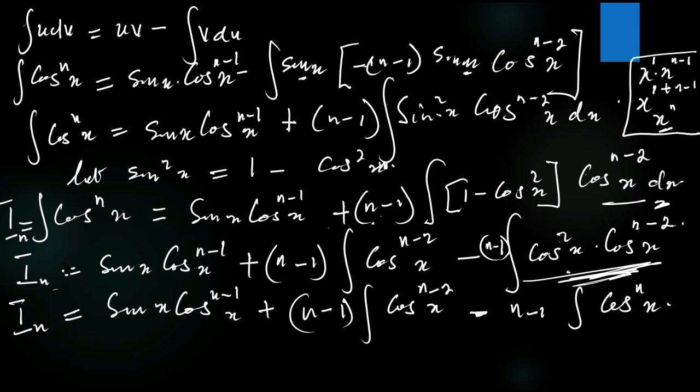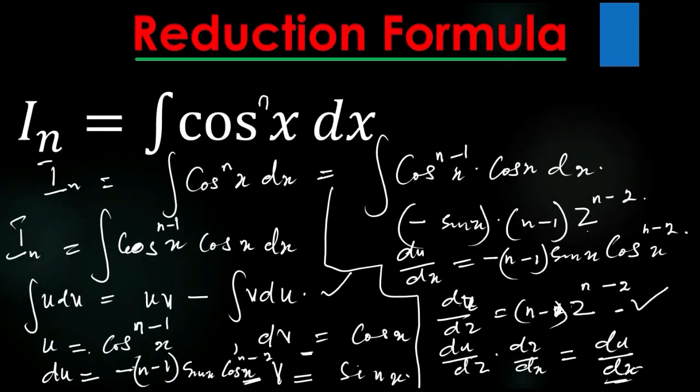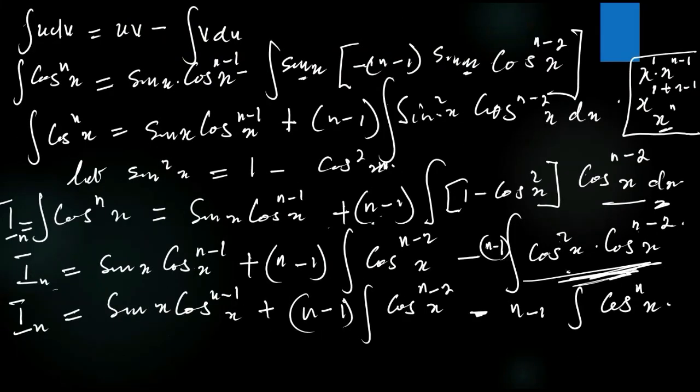Now if you remember that our I_n is the same thing as the integral of cos x raised to power n, in place of my integral of cos x raised to power n here, I can begin to summarize my reduction formula.